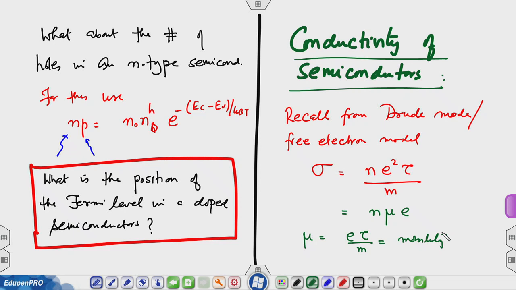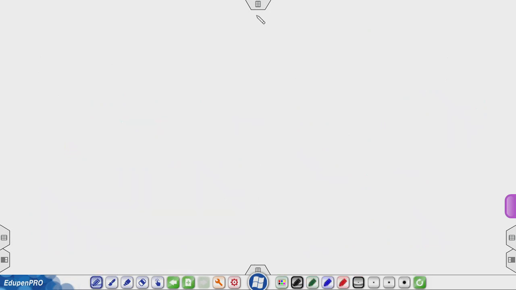Let us quickly recall the numbers for metallic systems. Mu is e tau over m.